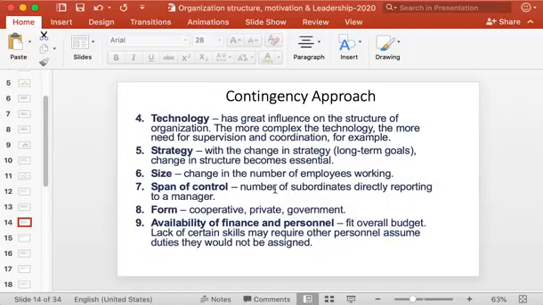So, the organization structure may need to be changed with the changing technology.